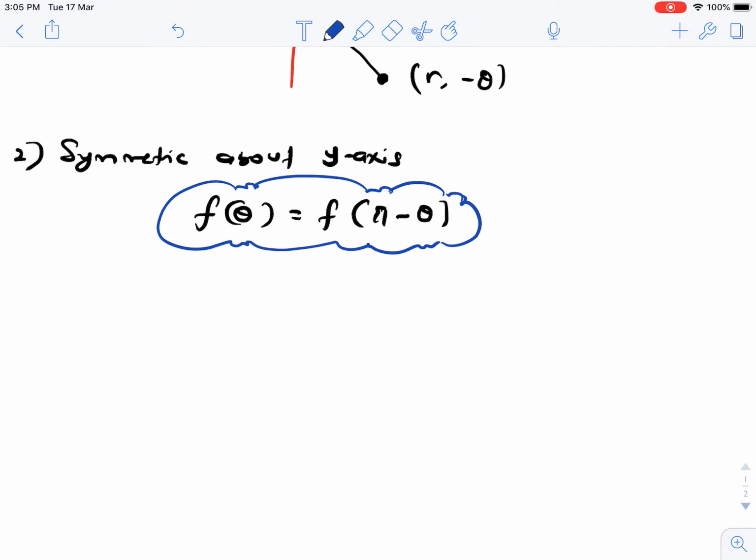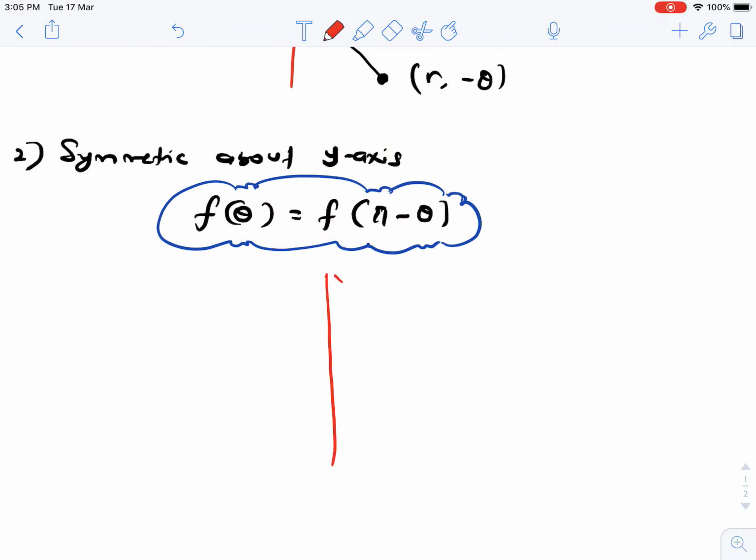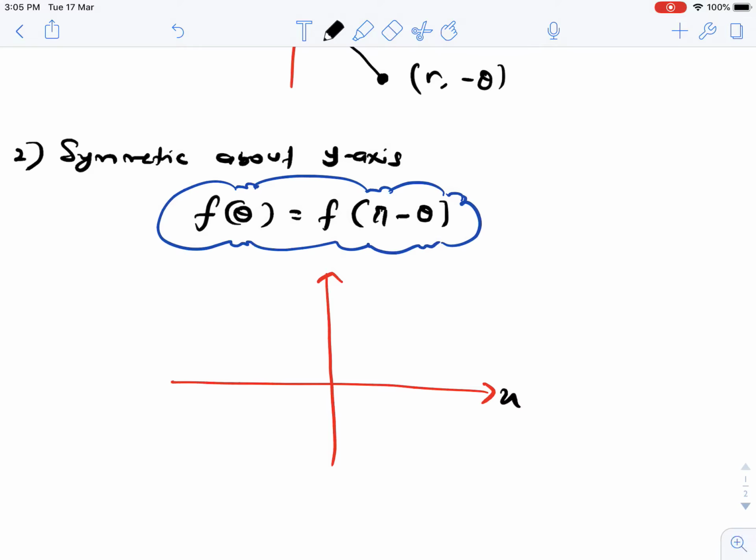Okay, physically, the graph will be like this. Okay, so this is x-axis and this is y-axis. So let's say originally we have a point here with coordinate r theta. We can say that the curve is symmetric about y-axis if we fold the paper towards y-axis, then we have this point reflected here.